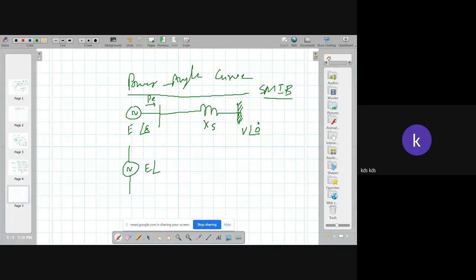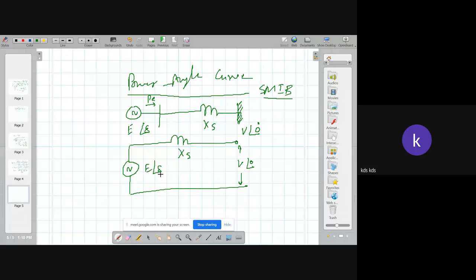E angle delta is the source voltage, XS, and then we have the terminal voltage, V angle 0 degree. So this is XS.